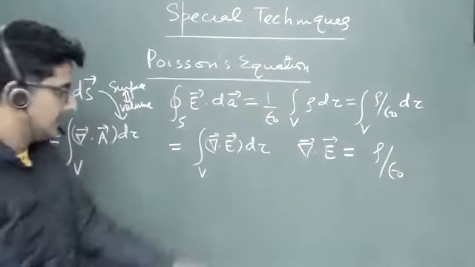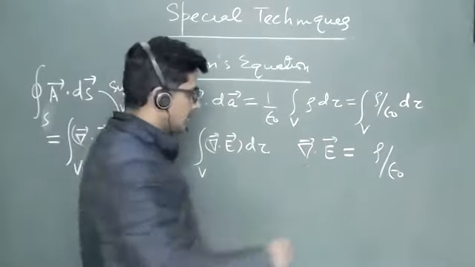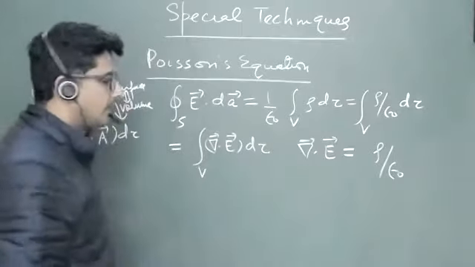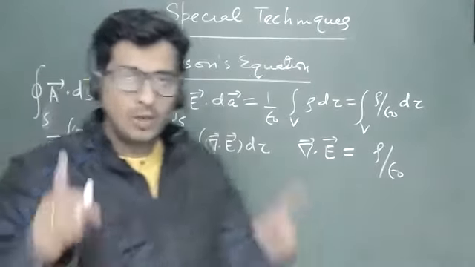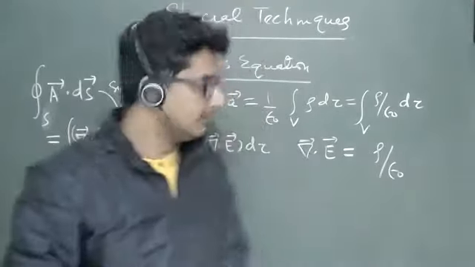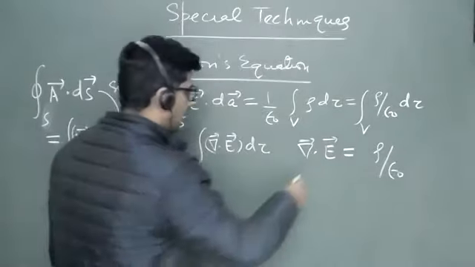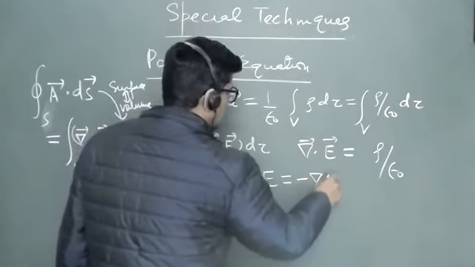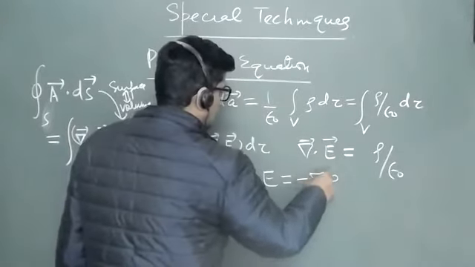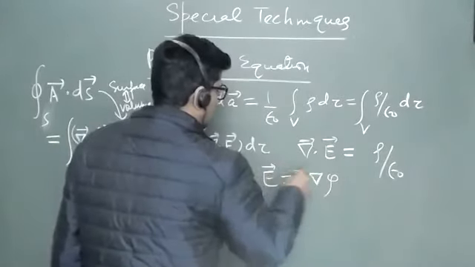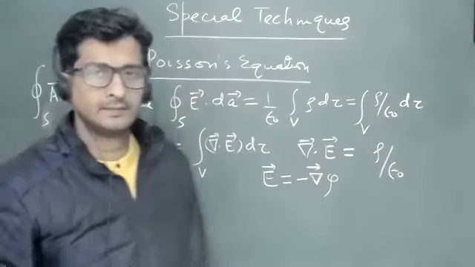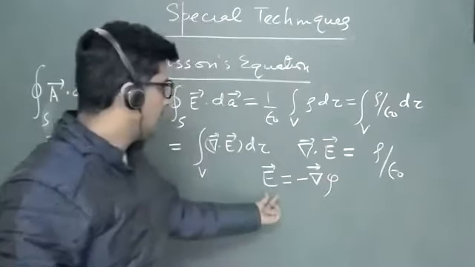This equation can be further simplified only in electrostatic case, because we are reading electrostatics. So E is equal to minus grad phi.